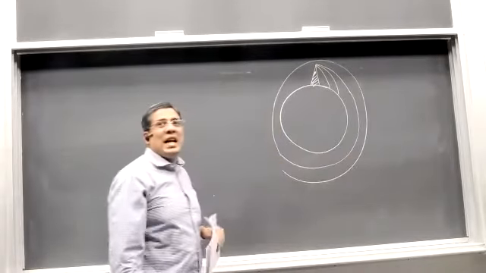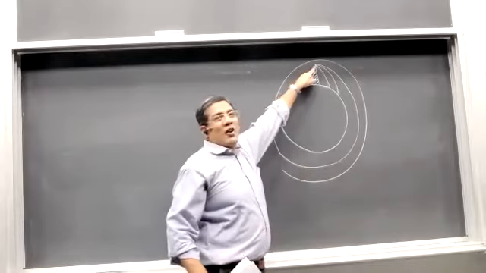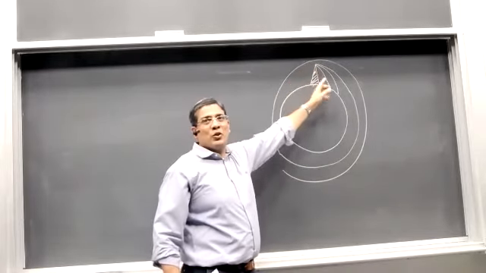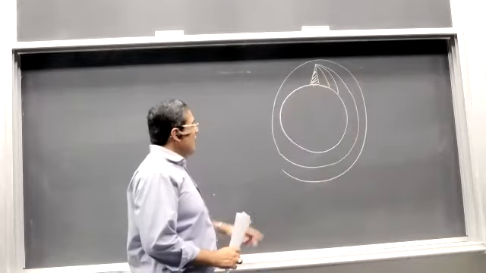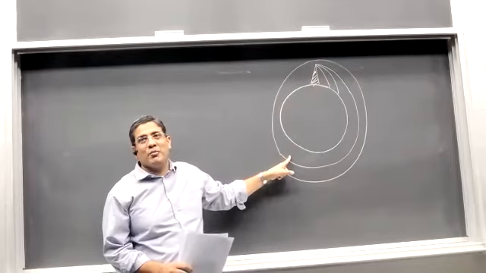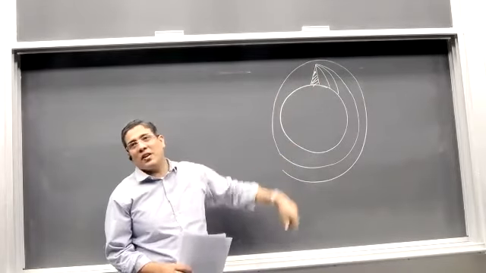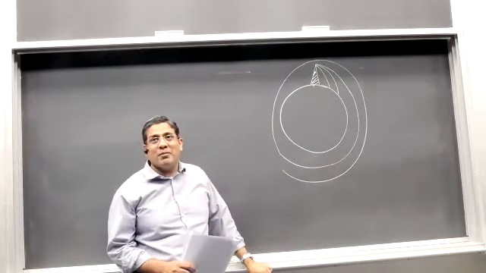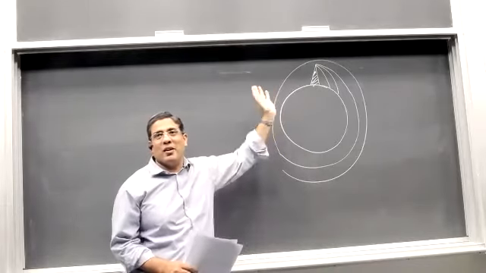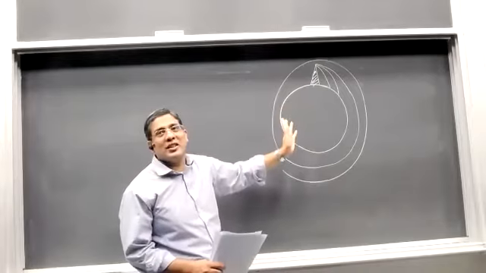Depending on how fast you throw something, the initial speed of the throw, it could make a circular orbit around the planet. It could make an elliptical orbit if you throw it faster. If you throw it even faster, it would become a parabola or hyperbola. That really depends on the initial conditions.